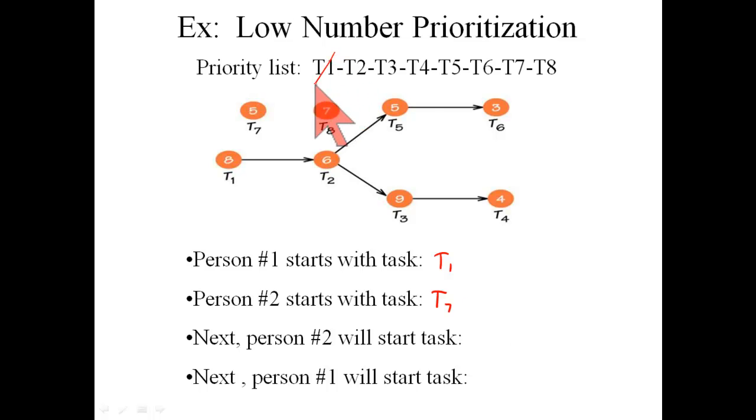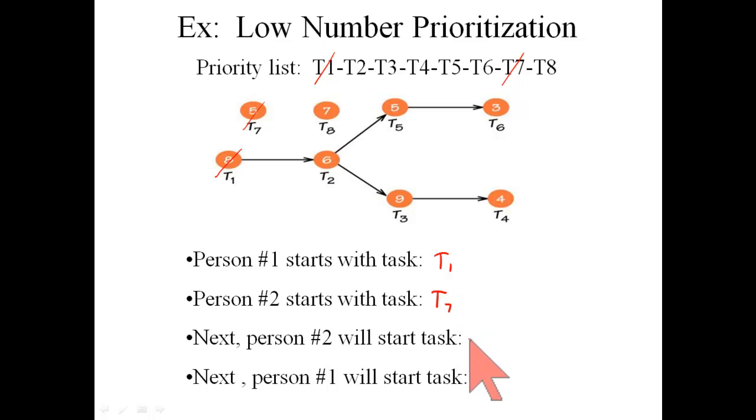So now we know that task 1 and task 7 are being worked on. If you look at the times, task 1 has 8 minutes of completion time, and task 7 has 5 minutes, and so person number 2 who's working on task 7 will finish before person number 1 who's working on task 1.